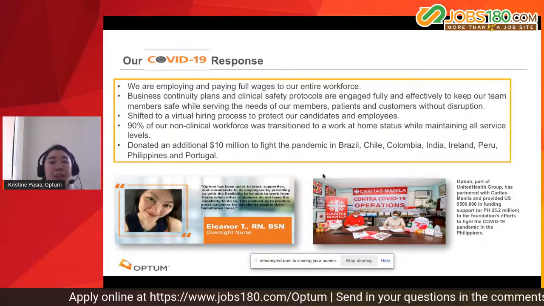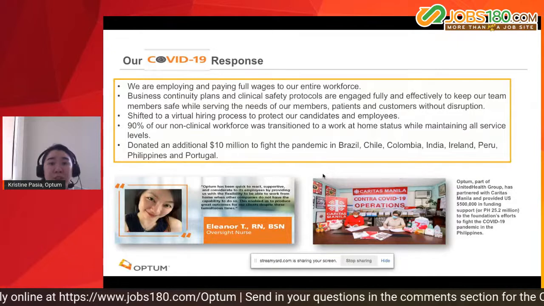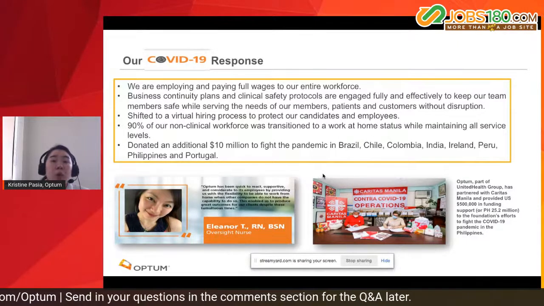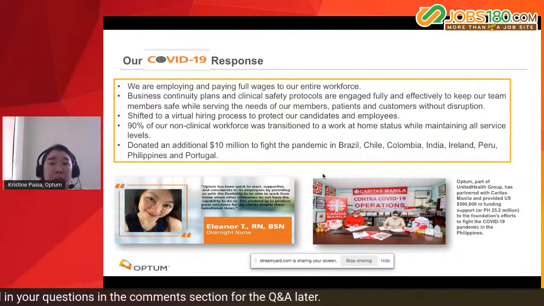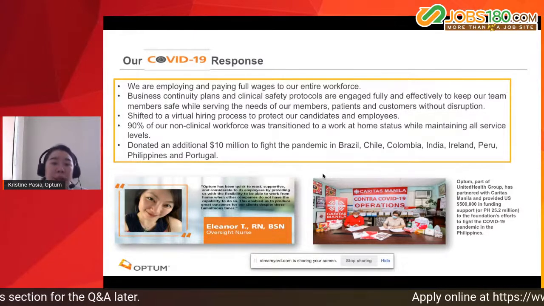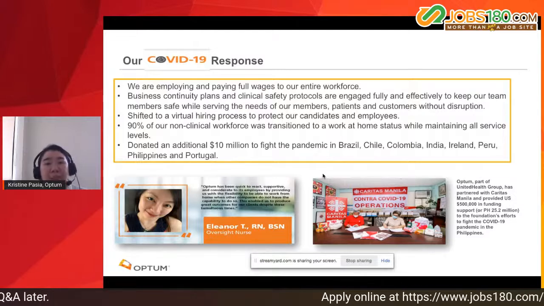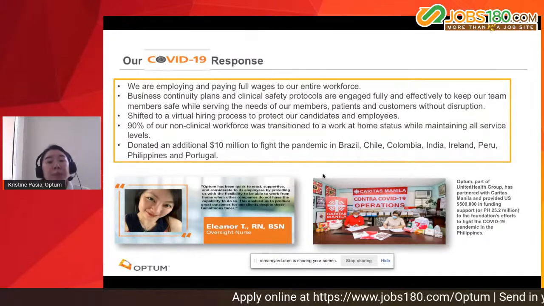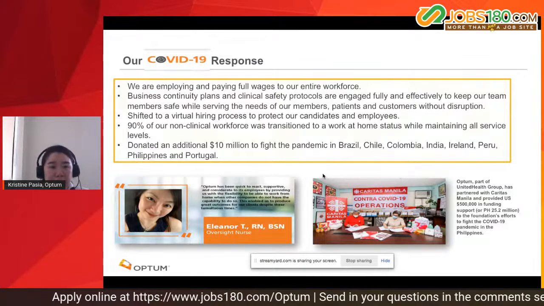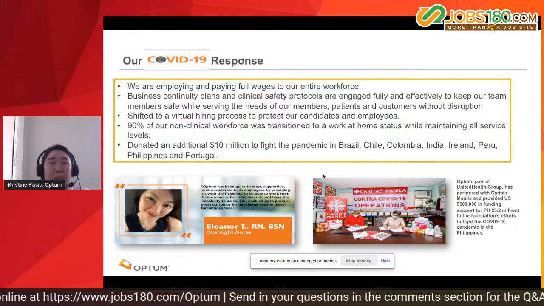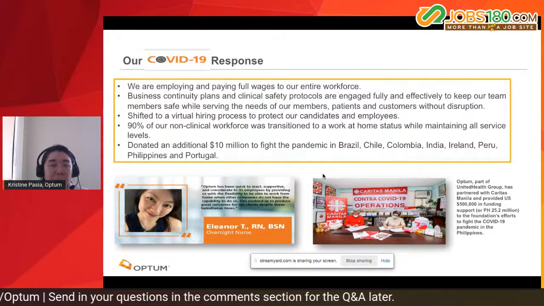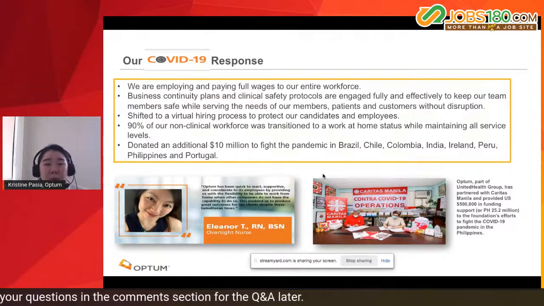So 90% of our non-clinical workforce was transitioned to a work-at-home setting while maintaining all service levels. We also continued our hiring under Optum because we were able to shift to a virtual hiring process to protect our candidates and employees. Because again, our number one priority is the safety and security of all employees of the organization. And currently, we have been working from home since March of 2020, so already over 2 years, or soon to be over 2 years.